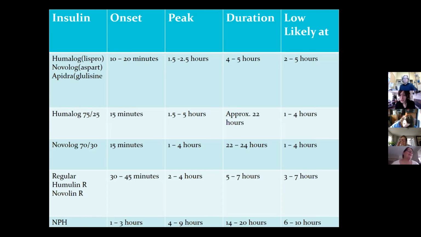But I do know that it's considered to be short acting because compared to NPH and compared to our long acting, which this slide is cutting off the bottom of, let me go to the next slide so I can show this to you.